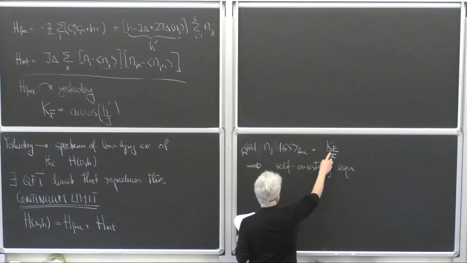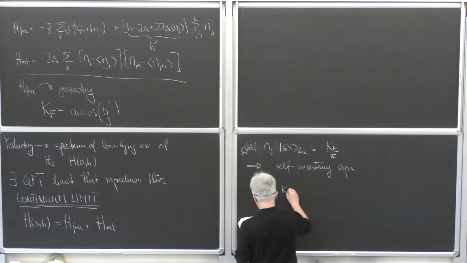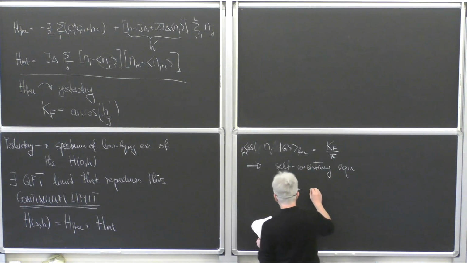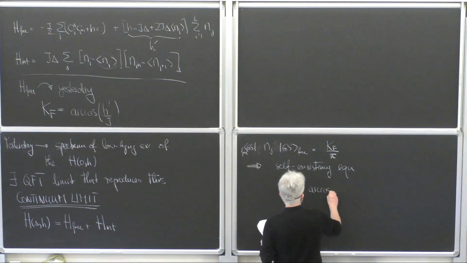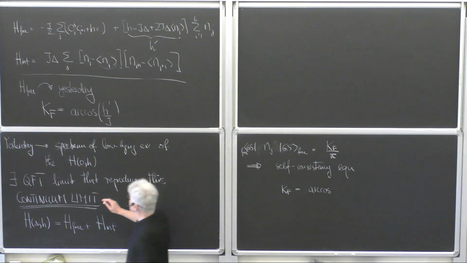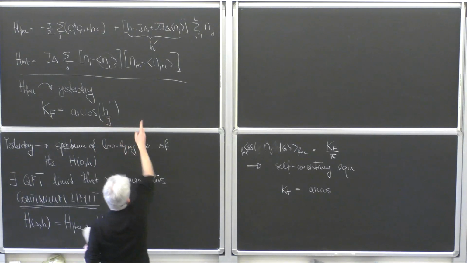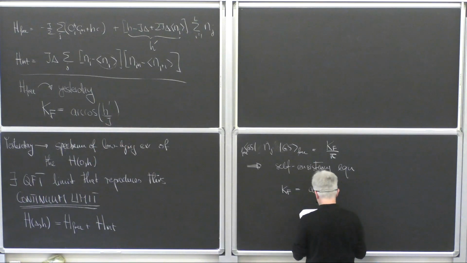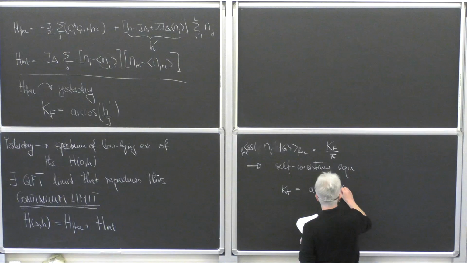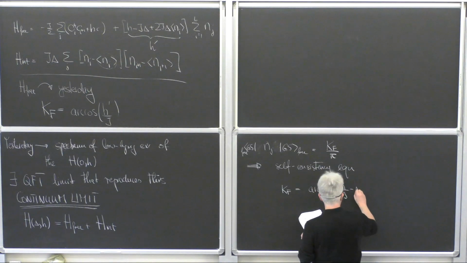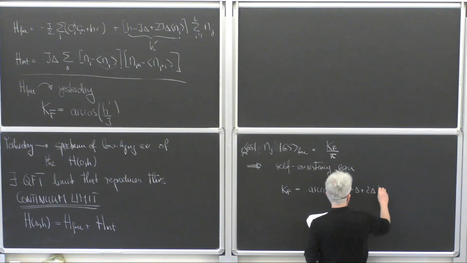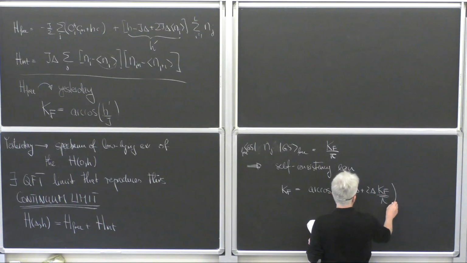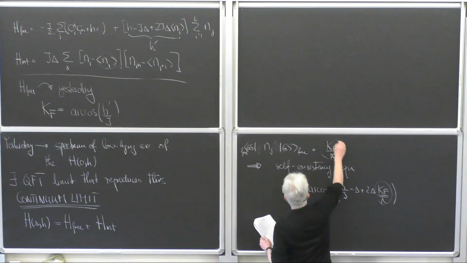So you get k_F from here is equal to arccos, and then here I have the H prime, which is written there: H over J minus delta plus 2 delta k_F over pi. So this is just what we have here.